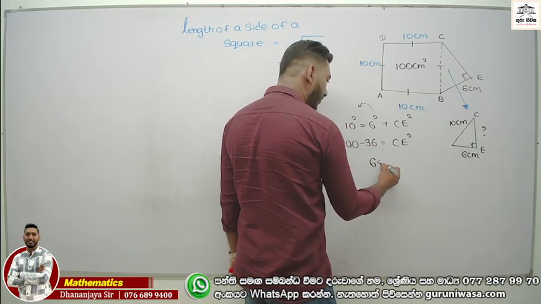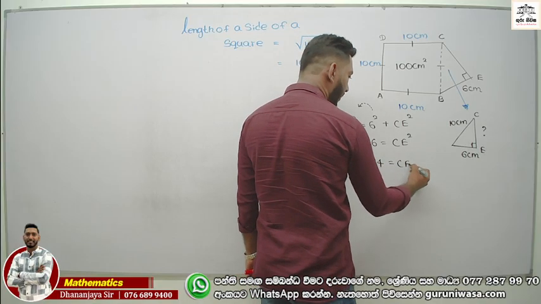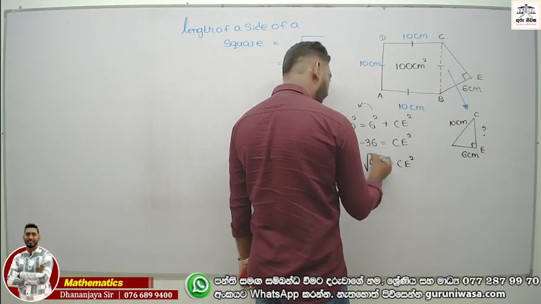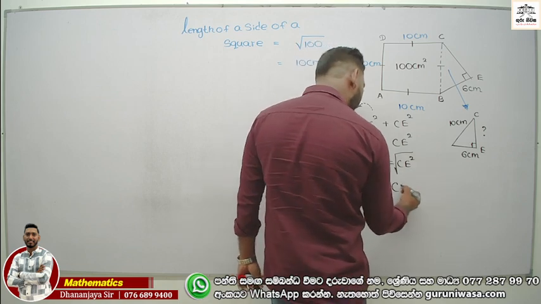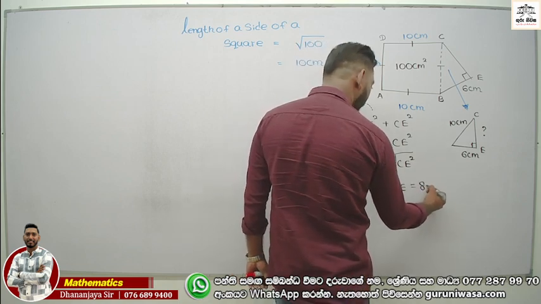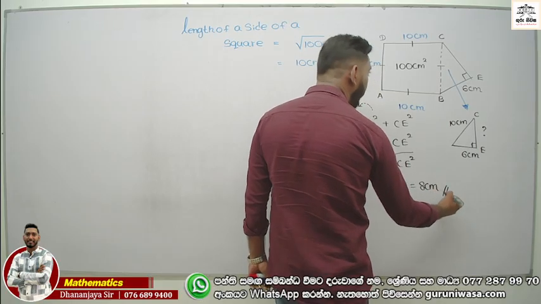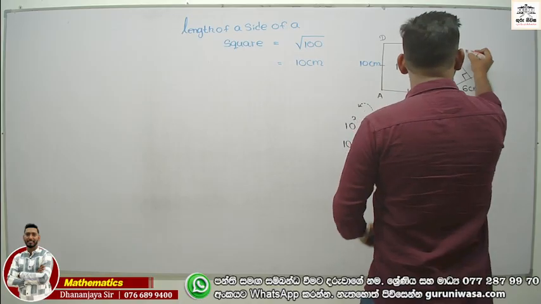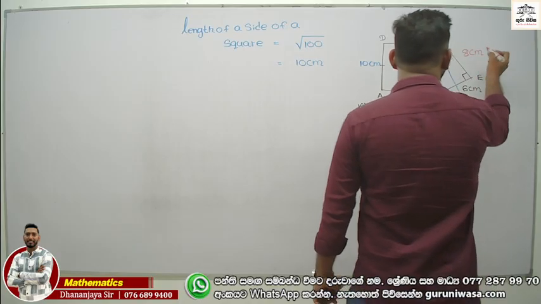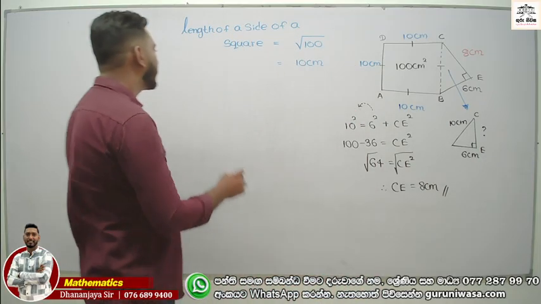Now 64 is equal to CE squared. Now I'm going to apply the square root. Therefore, CE should be equal to 8 centimeters. 8 centimeters. Now you can find the answer for the perimeter.